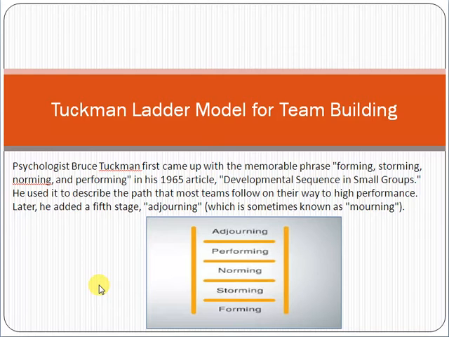There are multiple stages which Tuckman refers to. The first one is forming, then storming, then norming, then performing and then adjourning. Just see from here: forming, storming, norming, performing, and then adjourning.